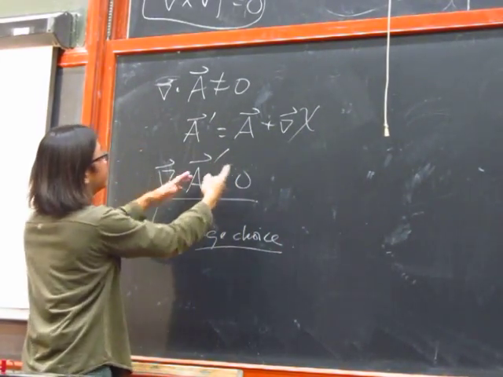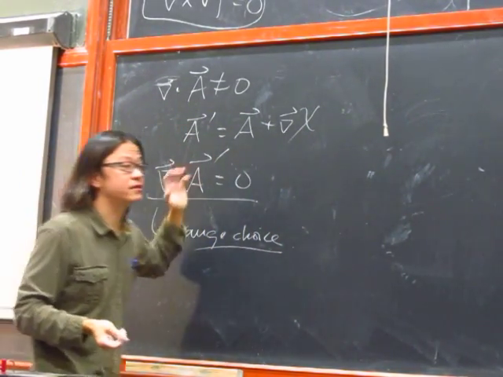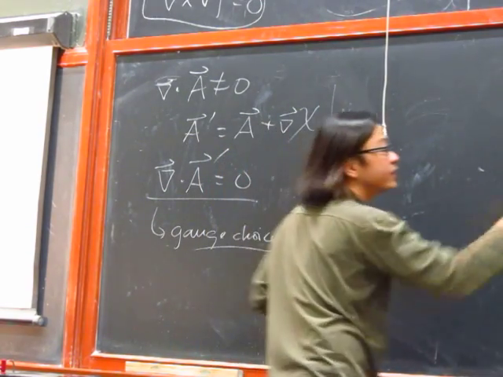Basically, choose a vector potential whose divergence is equal to zero, then everything becomes simple.